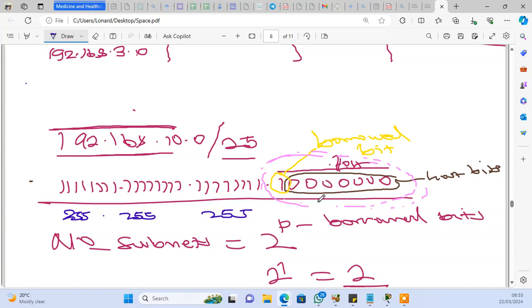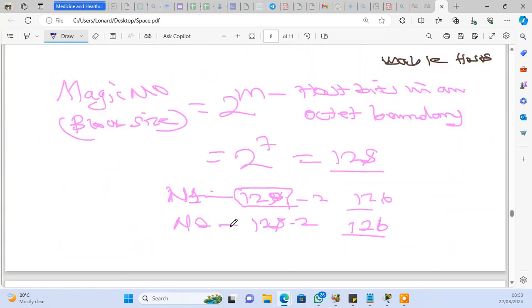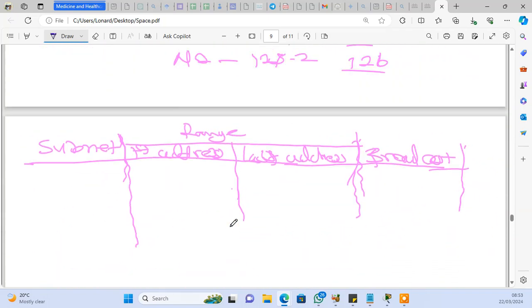But when it comes to this one here, it will be 128. So this is our subnet mask. This time it won't be a 0, it's 128. So our network is 192.168.10.0/25.